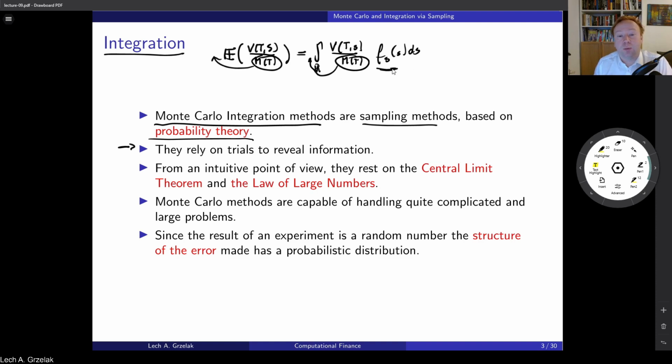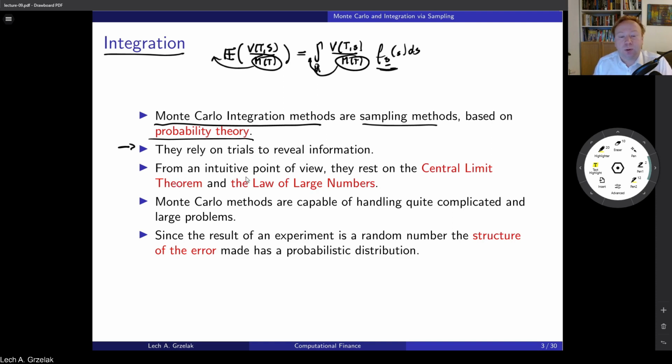Normally we would calculate this integral by, let's say, trapezoidal integration or so. However, in a stochastic sense, in a probabilistic sense, this number will be based on a stochastic seed, stochastic numbers that will be sampled. In this particular case, we will sample S, right? And we will plug into this formula to get the expected value.